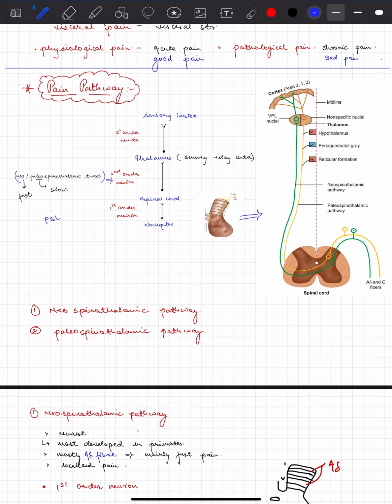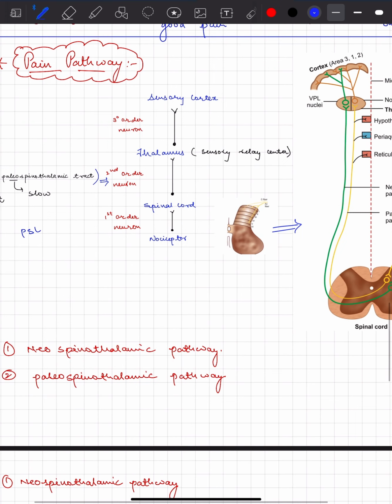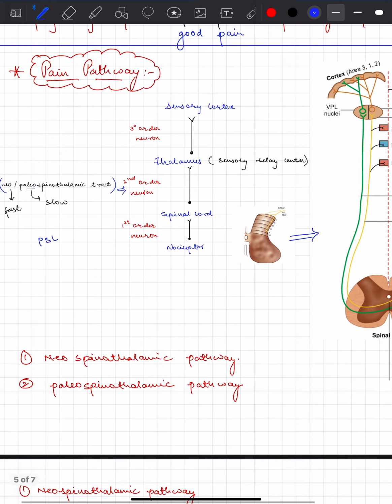Today we are going to discuss one of the important topics of sensory physiology, that is pain physiology. In that we will discuss the pain pathway. To understand the pain pathway, first of all we have to understand how a pathway works.